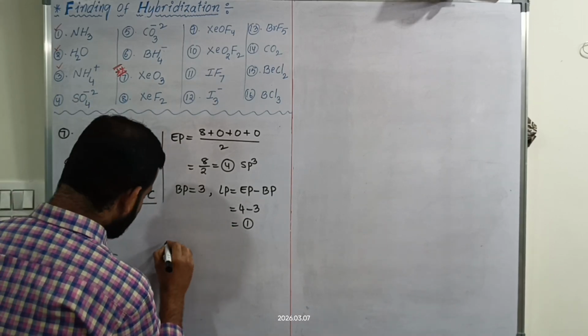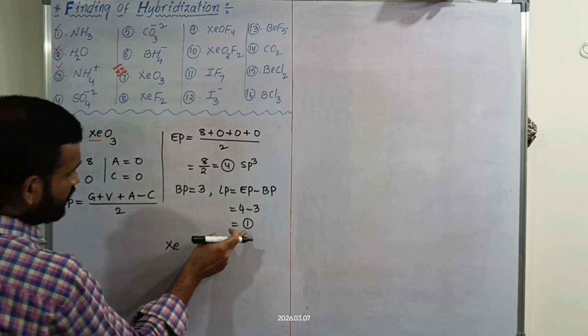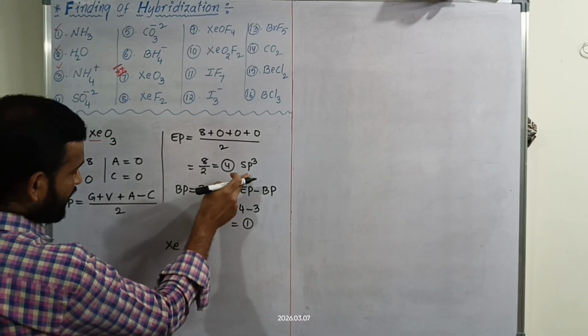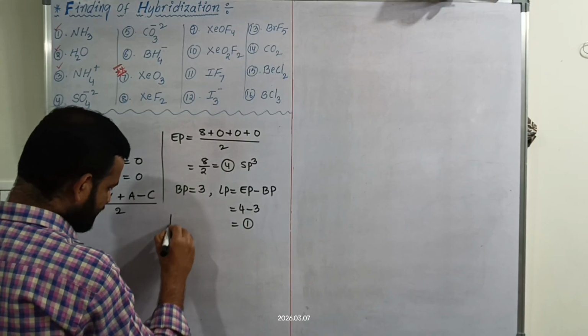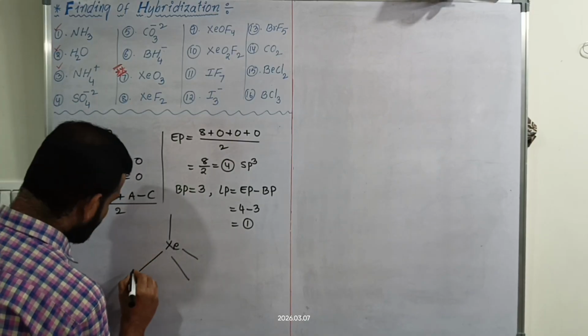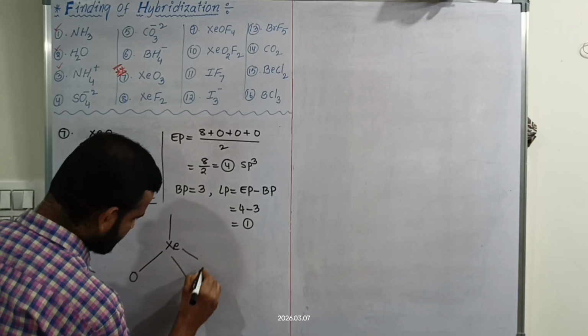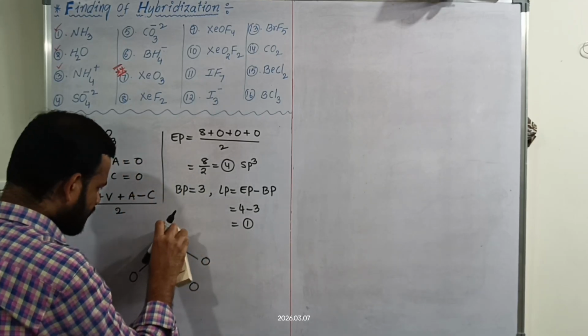Okay. So here the shape is like this. Xenon. Actually here how many lone pairs are there? 1 lone pair. Actually for sp3 hybridization, what is the shape? Tetrahedral shape like this. This is the tetrahedral shape. But here how many bonded atoms are there? Only 3 bonded atoms, 3 oxygens. So what about this one? That is a lone pair.